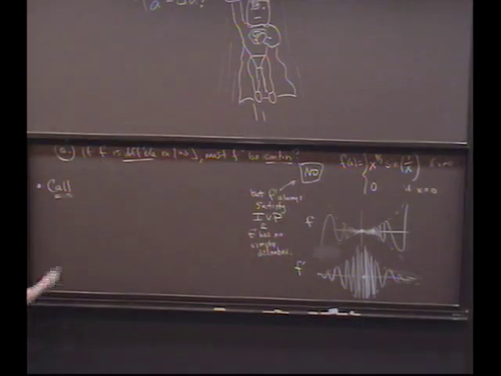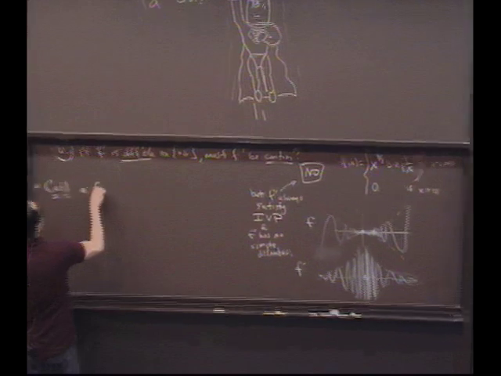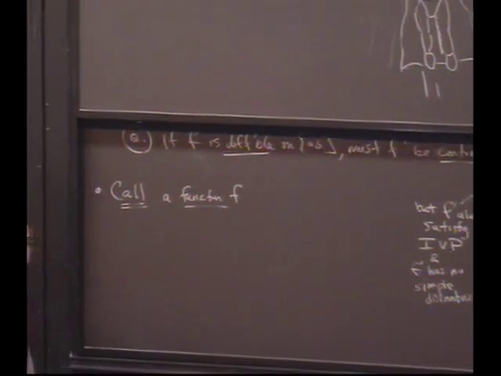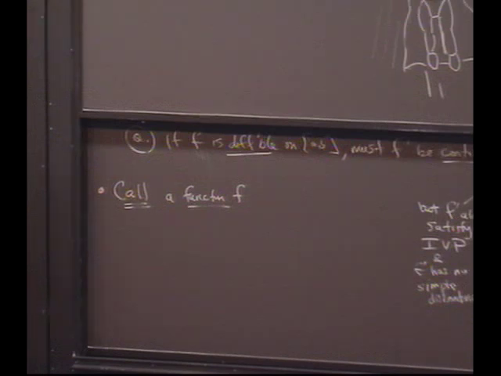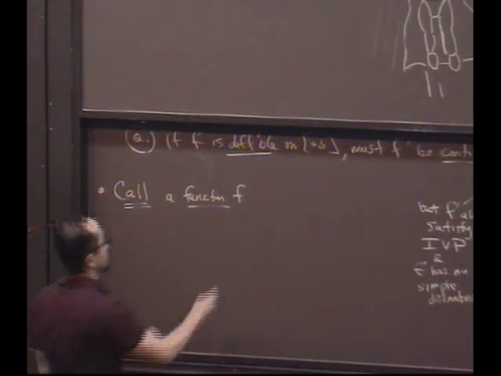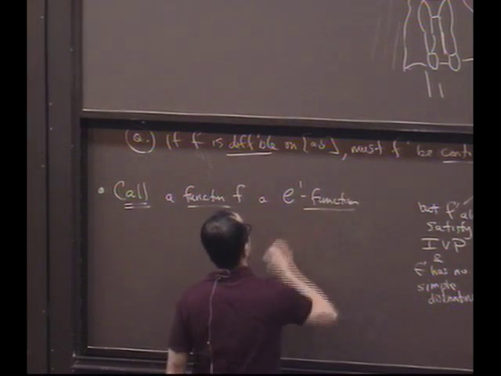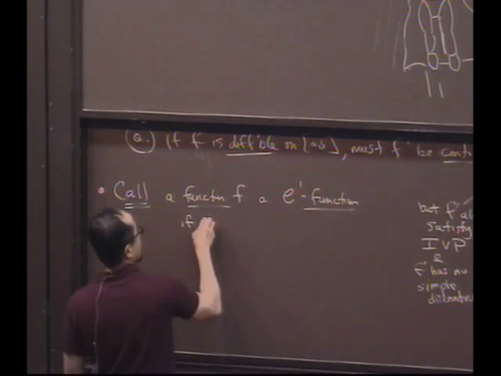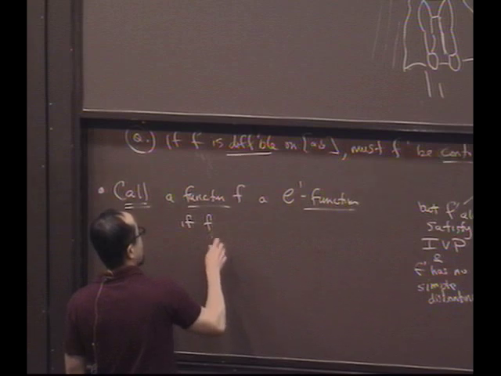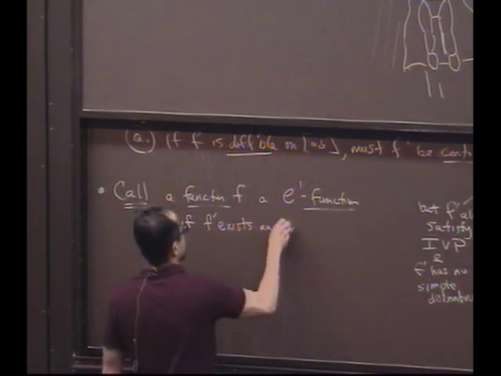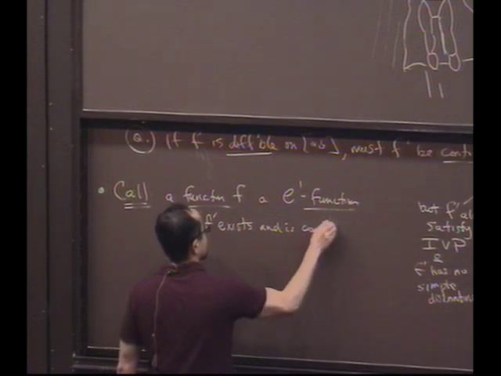We call a function f a C1 function if f prime exists and is continuous.